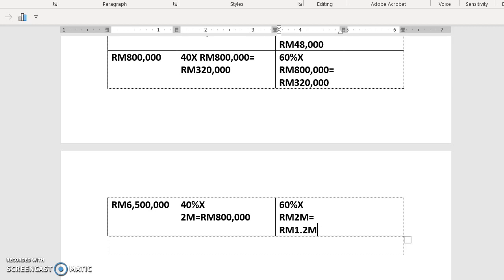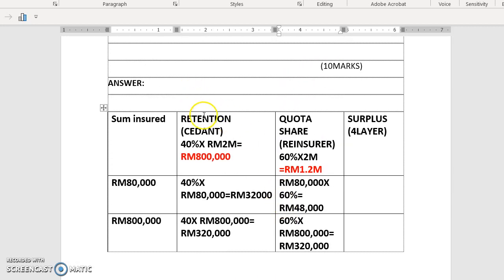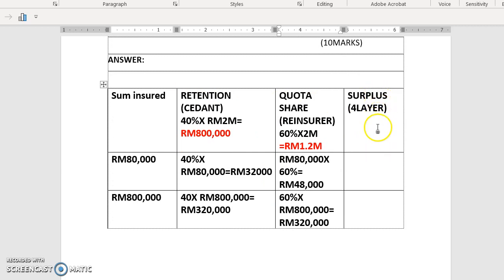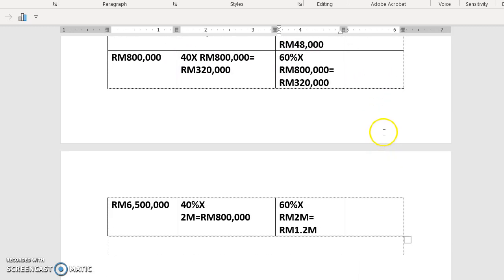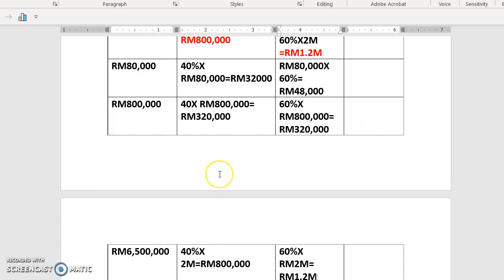Next, we will calculate whether there is any surplus amount from the sum insured, once we have already calculated the retention and quota share. Is there a surplus amount that will be paid by the reinsurer company? Based on this question, the maximum limit is only 2 million. The sum insured of 80,000 is still below the maximum limit.